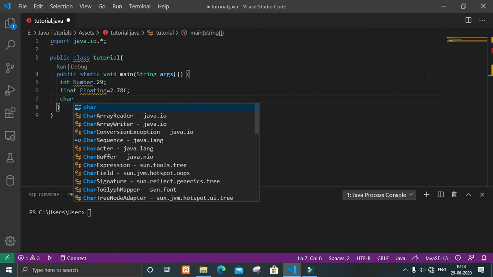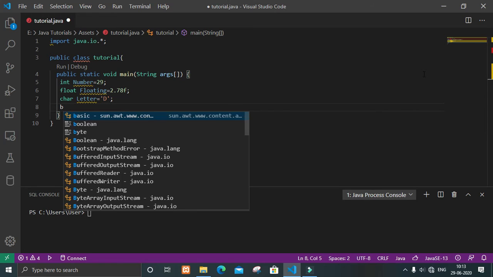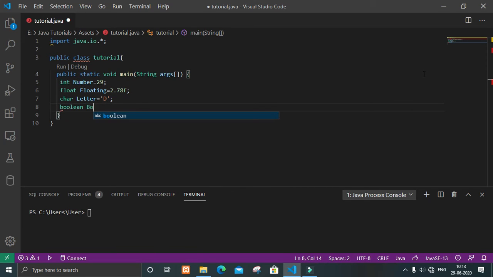And next is char, that would be any letter from our alphabets of A to Z. It would be capital or small. And then it is boolean, that is, it will be either true or false.